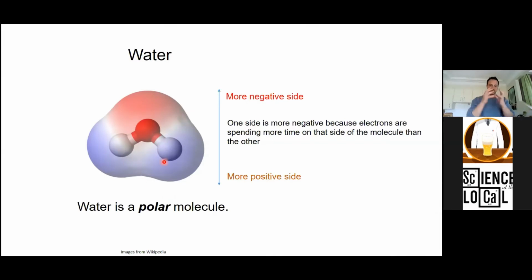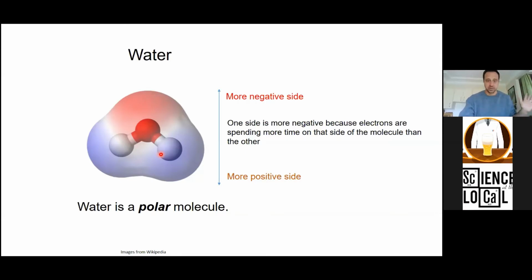I mean, they're wiggling and jiggling about, all the electrons are buzzing about madly. But overall, the probability is that the electrons will spend more time on this side of the molecule than this side of the molecule. And this makes water slightly more negative on one side and slightly more positive on the other. Even though the molecule's neutral overall, it does have this polarity. So water is what we call a polar molecule.